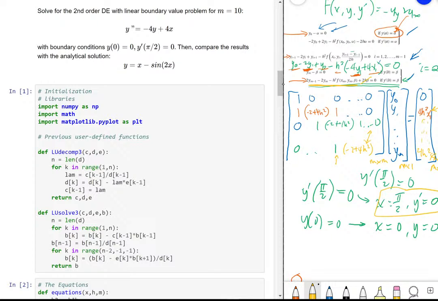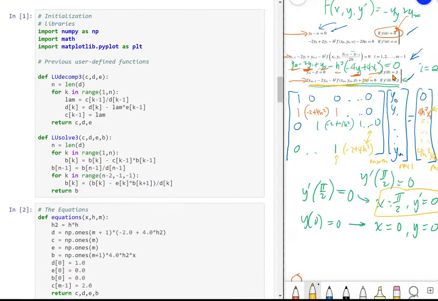So you have simultaneous equations. I hope it's not too difficult to understand this from the previous module, and then we proceed to express this matrix into code.